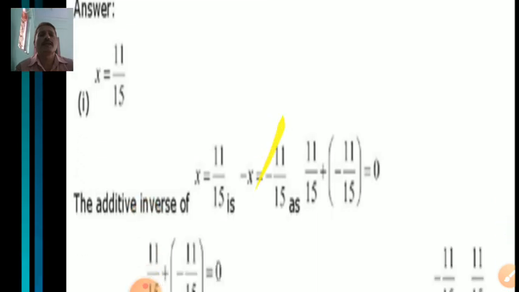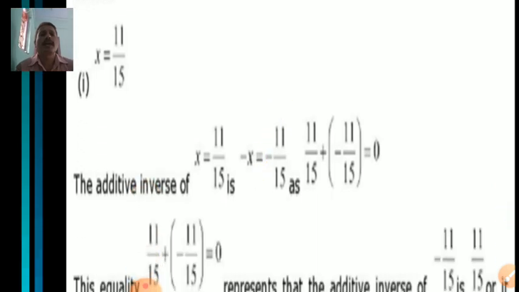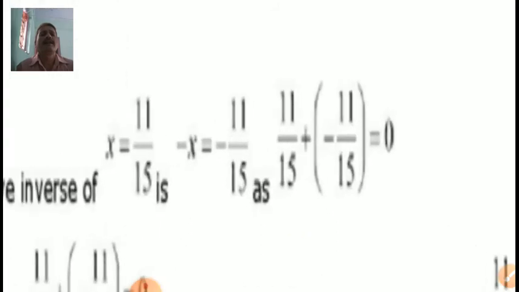We have to take minus x two times. So in the place of x we can put 11 upon 15. So 11 upon 15, that means multiplied with the minus sign again. So on the left side, x is equal to 11 upon 15, plus minus 11 upon 15, that gives us 0.